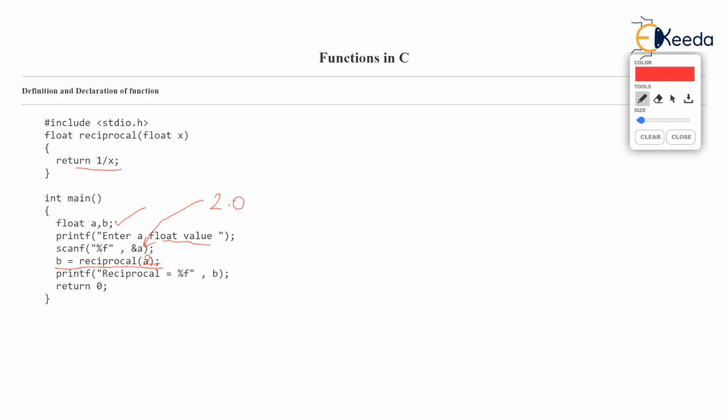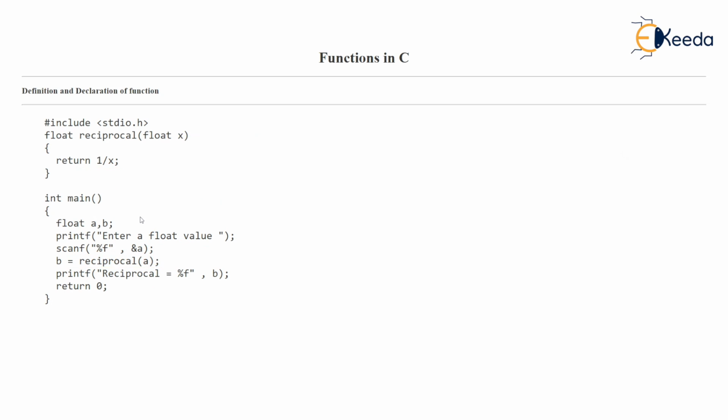This value 2.0 goes into x, and the function returns 1 upon 2.0, which is 0.5, and 0.5 will be returned at the call. So b will become 0.5, and finally we print the reciprocal. Okay, fine.